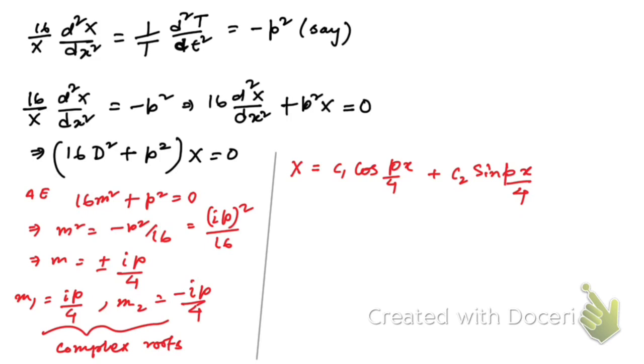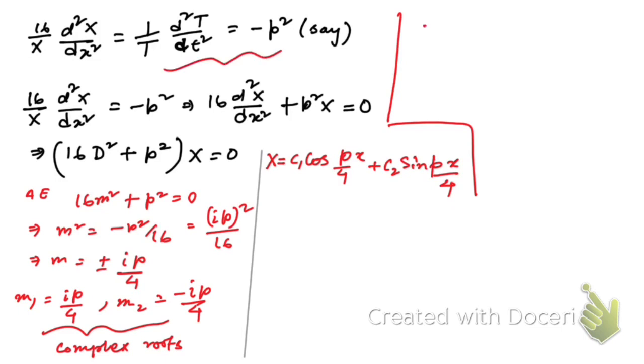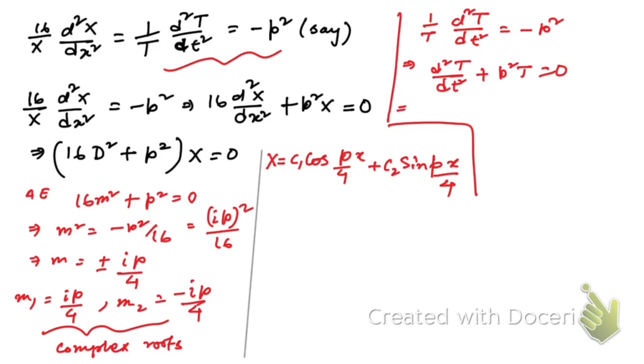Now let's find T. Let me take this part of the solution. Here you see, 1 by T, second order derivative of capital T with respect to small t is equal to minus p square. If you simplify, it's going to be of this form, and it can be written as D square plus p square into T is equal to 0.